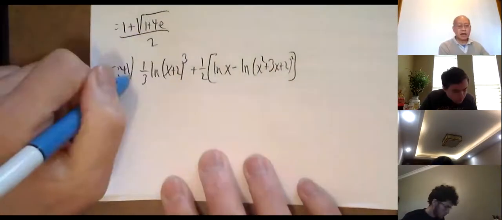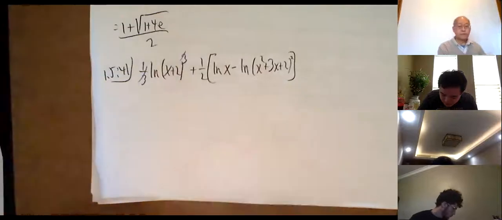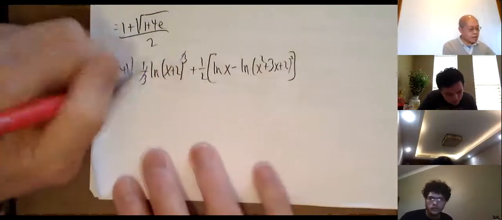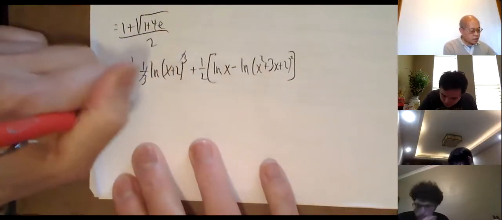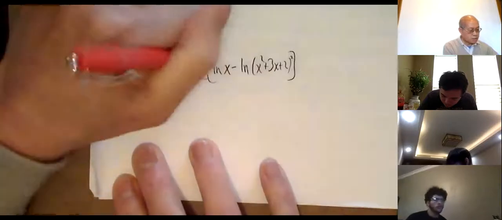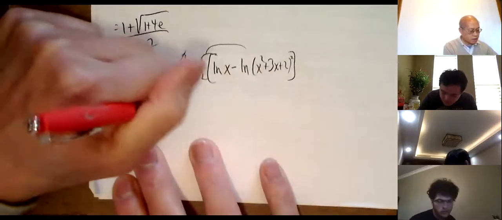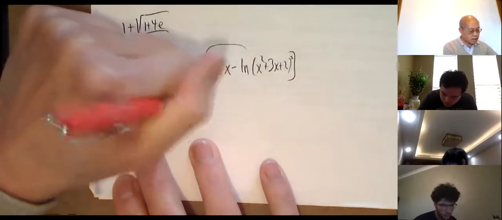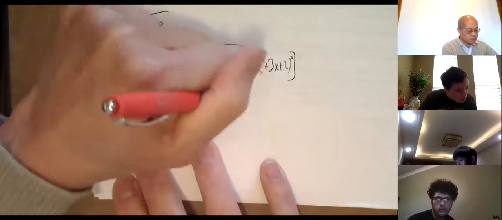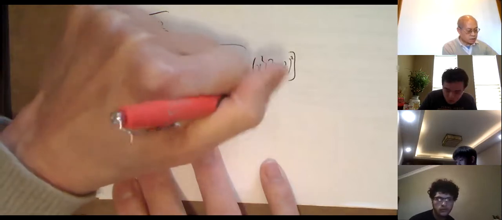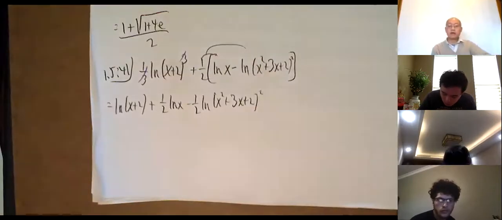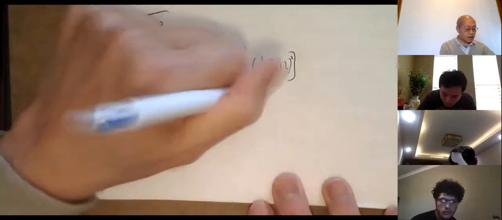The 3 can come down and it cancels to 1/3. Okay, I'll distribute the half: ln (x plus 2), distribute. 1/2 ln x minus 1/2 ln (x squared plus 3x plus 2) squared. That 2 can cancel the half.